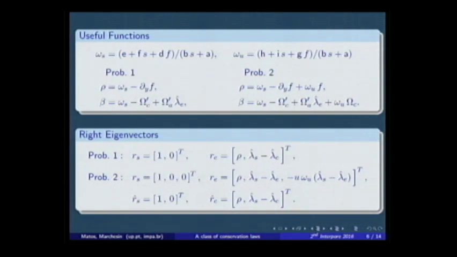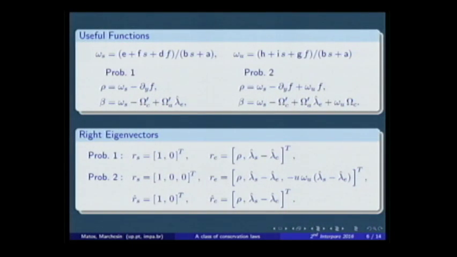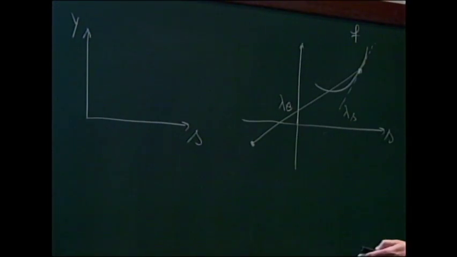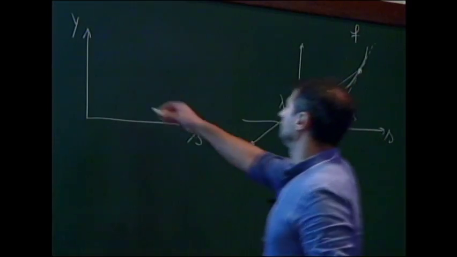The eigenvectors, the right eigenvectors are like this, and they have some important behavior. One of them is that one of the eigenvalues is always horizontal. Well, in the problem 2, I will project also the eigenvectors in the plane S, Y. And so, in the plane S, Y, we have one of the eigenvectors horizontal.